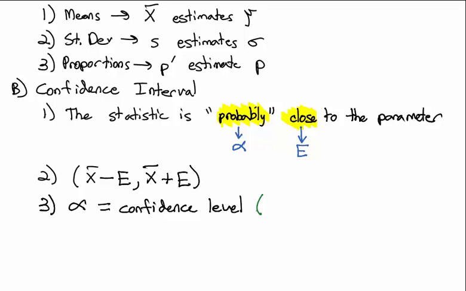Because if we want to be 99% confident, we're looking at a pretty large chance that there's an error that we have to move up and down. A large chance that there's an error between our statistic mean and our parameter mean. To be 99% confident that those are close together is a pretty big statement. 90% confident they're close together allows us to be a little more slack with the error.